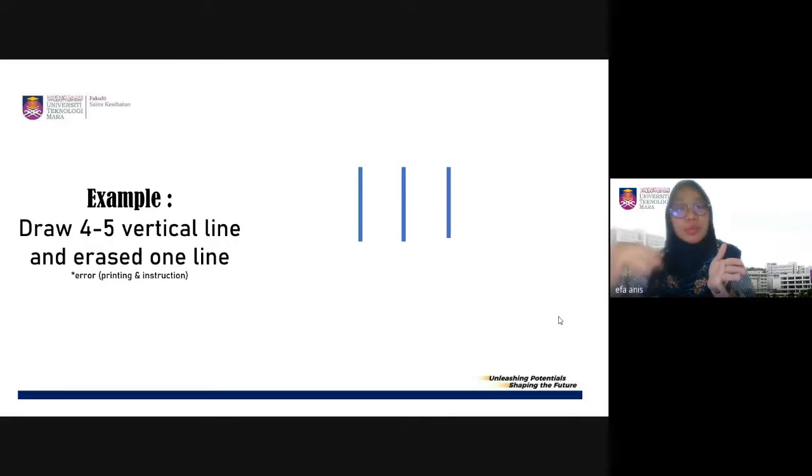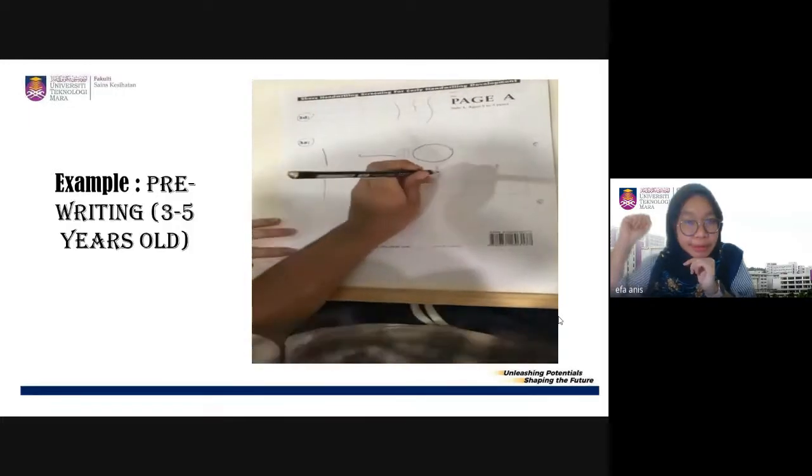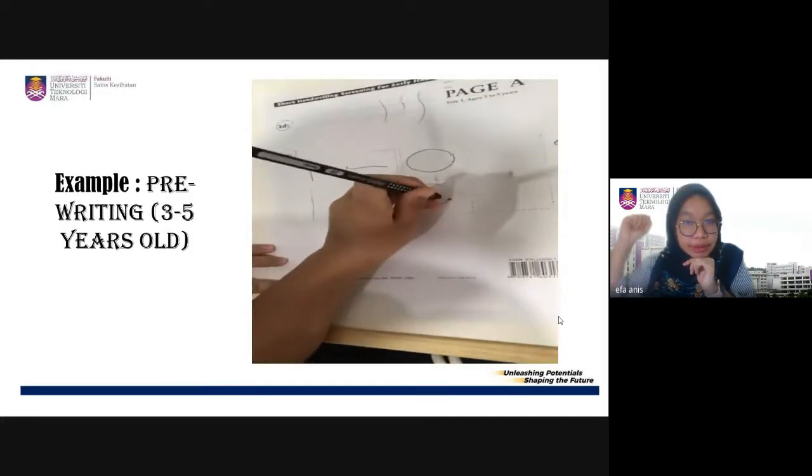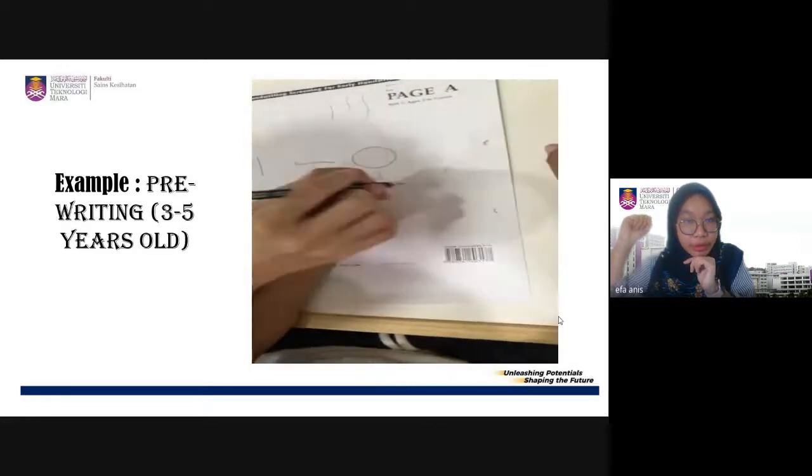So we will follow the manual. Also in terms of the instructions, some things are not specified, so we must read the manual first before we conduct the test. Okay, next. As you can see, this is a short clip of pre-writing 3 to 5.